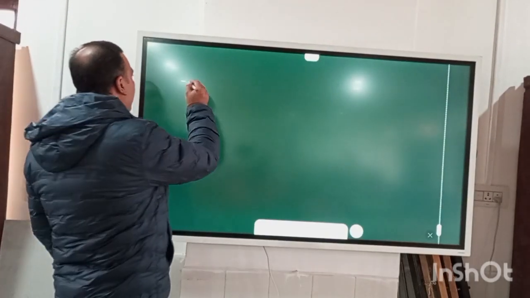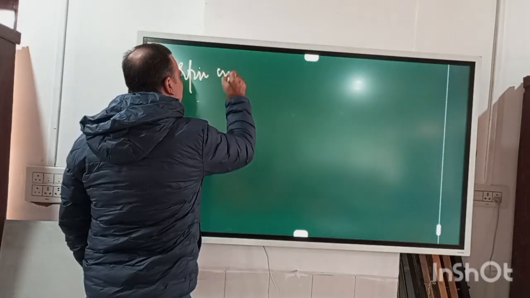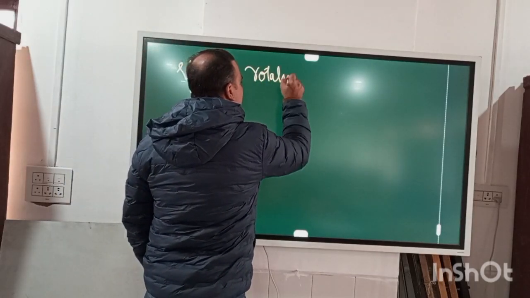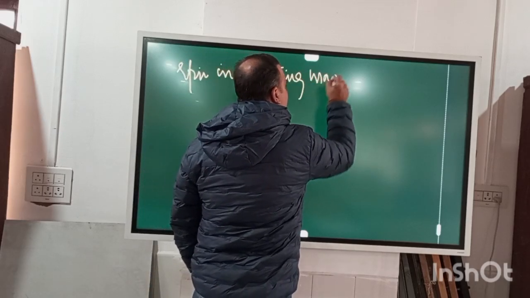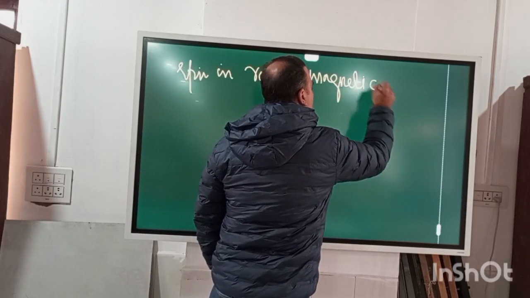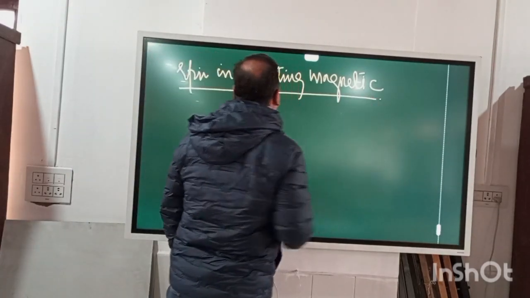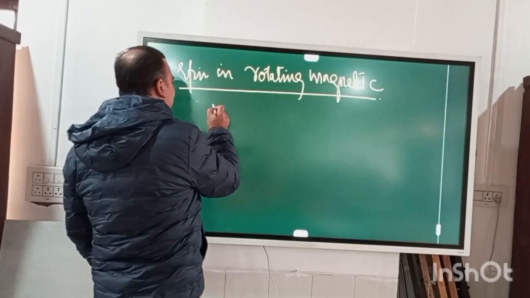So starting with, I will have spin in a rotating magnetic field. So what we have is a two-dimensional magnetic field, a magnetic field in a plane.